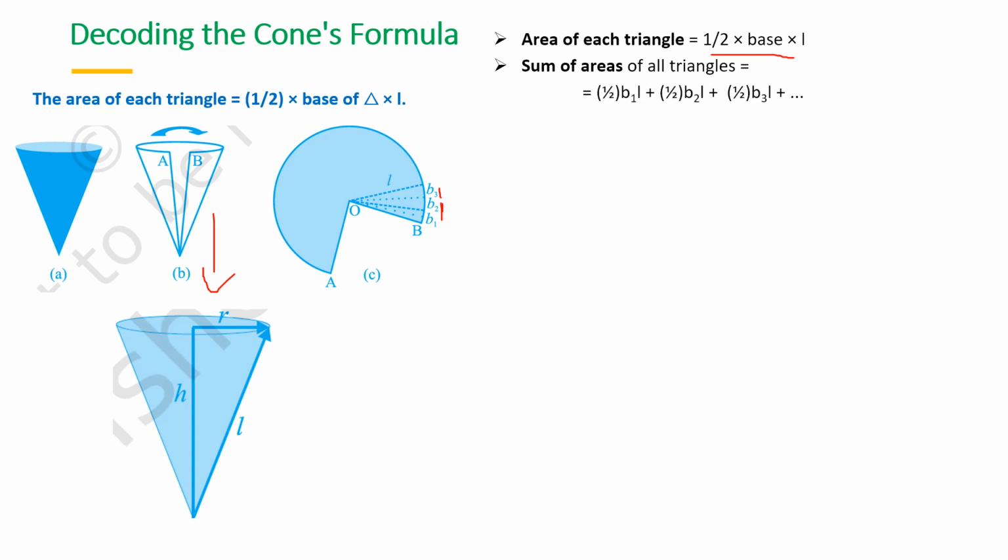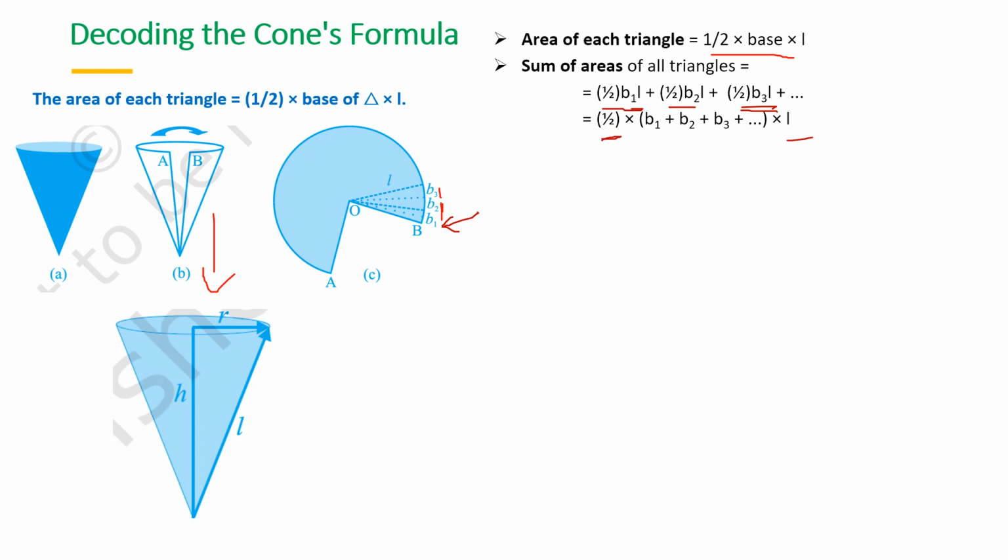What is this now? The first triangle is half into b1 into L. The second triangle is half into b2 into L, then half into b3 into L, where L is the slant height of the cone or height of the triangle, and b1, b2, b3 are the bases of these triangles. Clear, right? Now I can take L common because L is common in all the places, and half is also common.